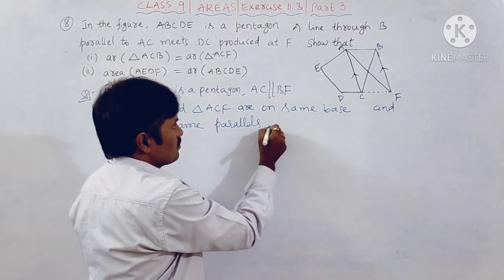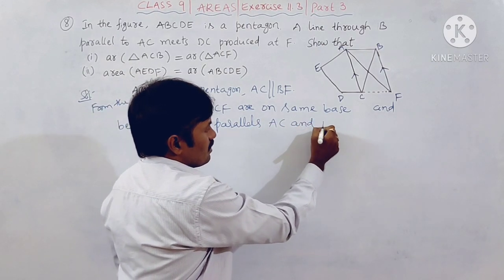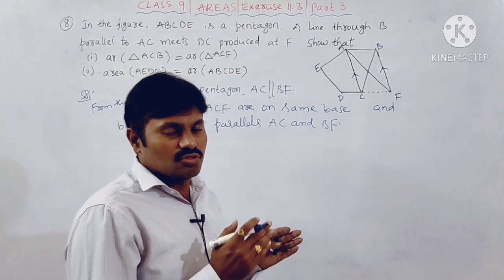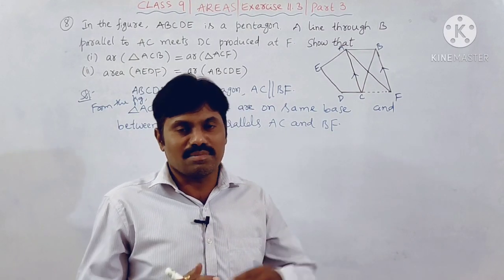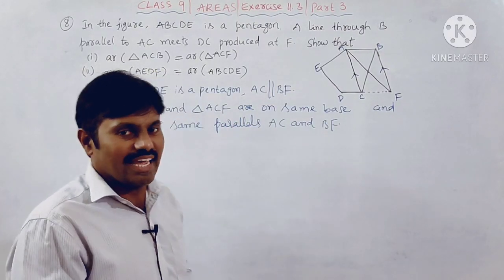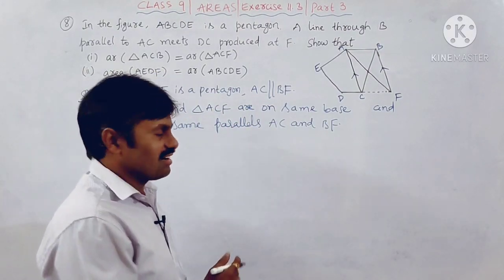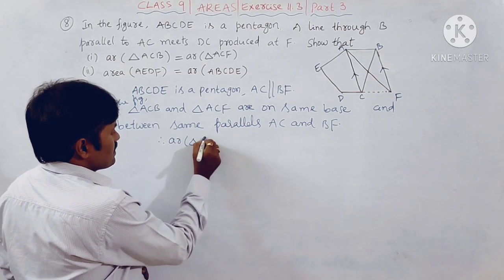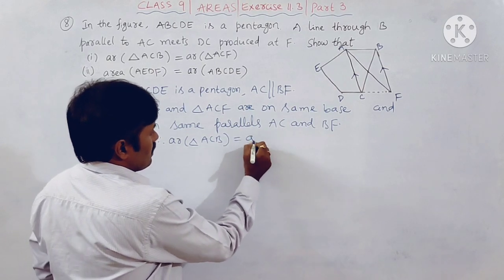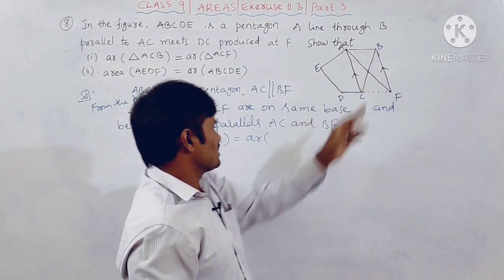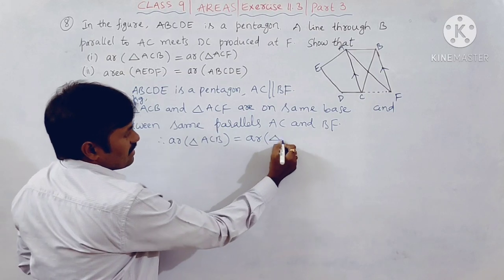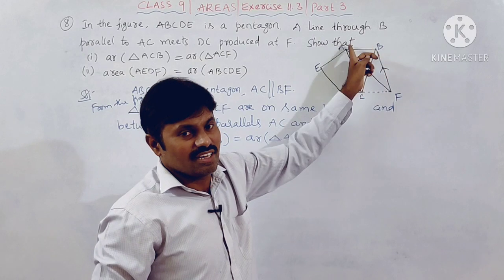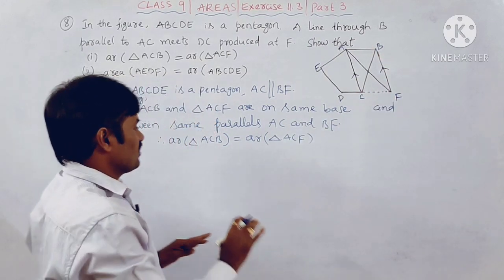What are those parallel lines? Those are AC and BF. So we know that two triangles on the same base and between the same parallels are equal in area. So therefore, area of triangle ACB is equal to area of triangle ACF. Clear? This is the first one finished.